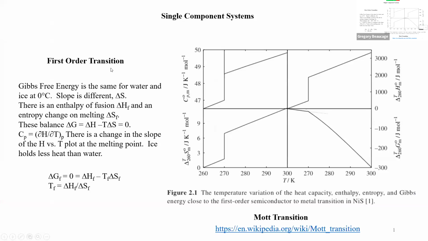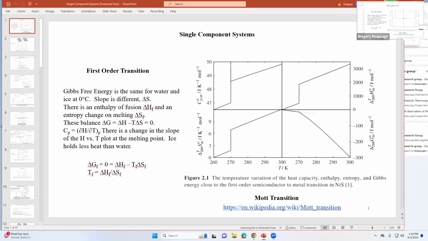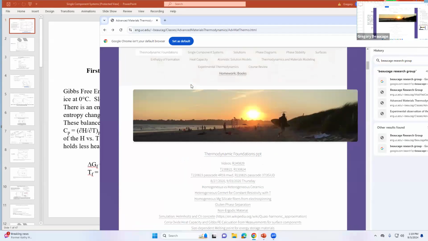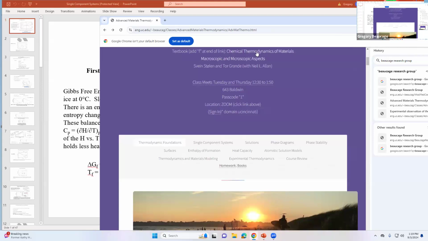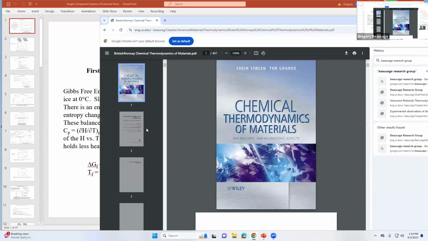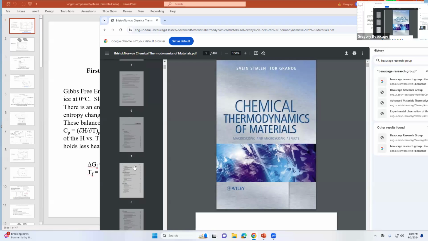The book is on the web page at the top. If you click that, that's the book that I more or less use to write the notes in here. I've added stuff to it, but basically I'm following his theme.